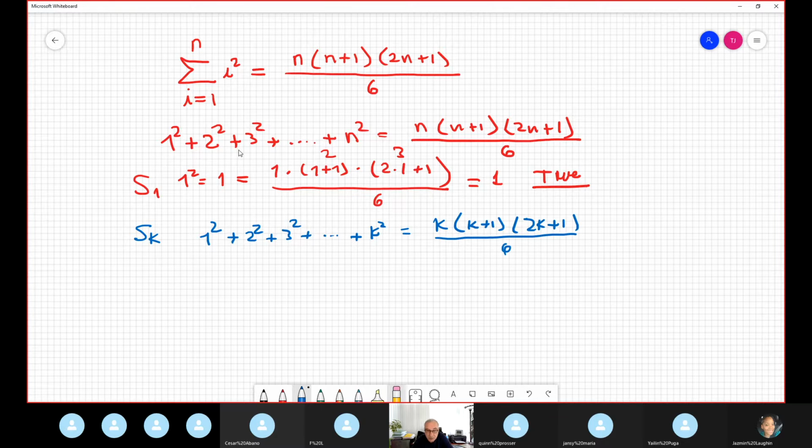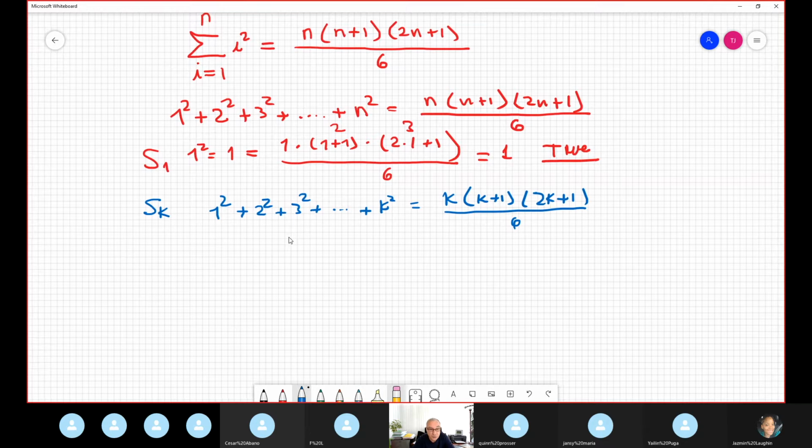I assume that this statement is true, and I will be able to prove that the next one, k plus 1, is true. So this implies that this is true, and now this continues forever. So I put 1 squared, 2 squared, 3 squared, plus k squared, and the next is k plus 1 squared.